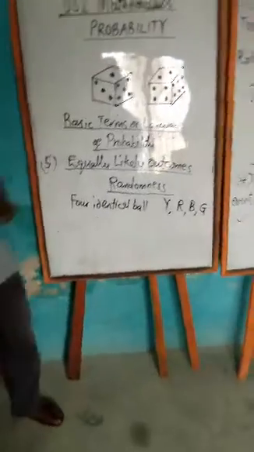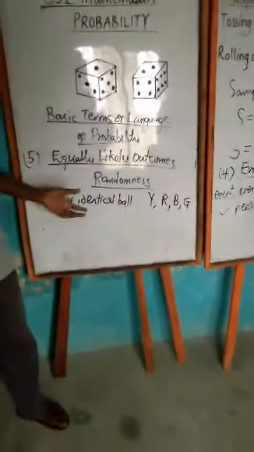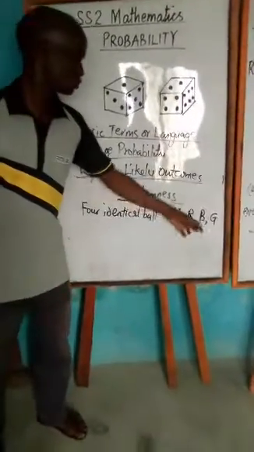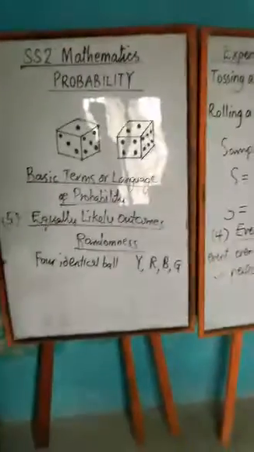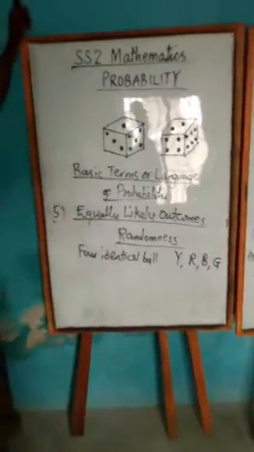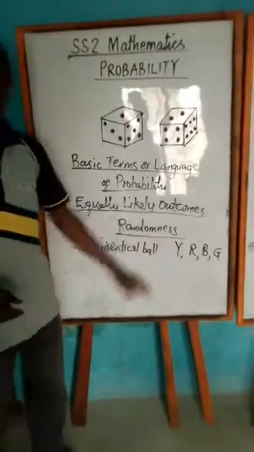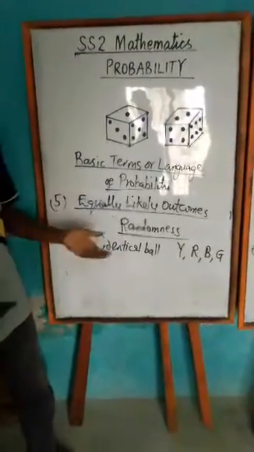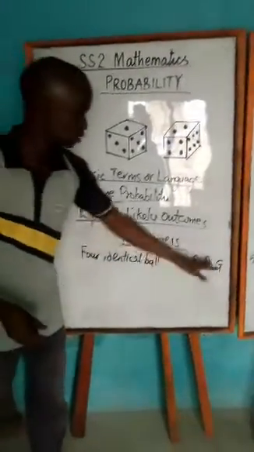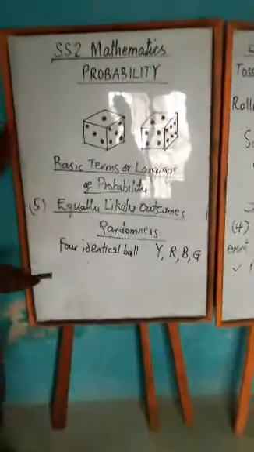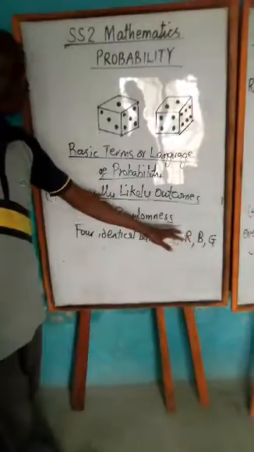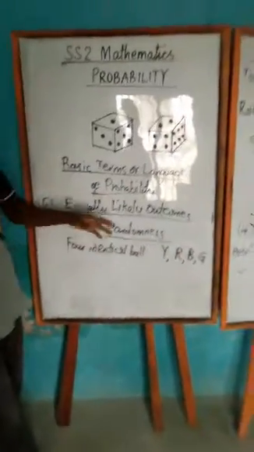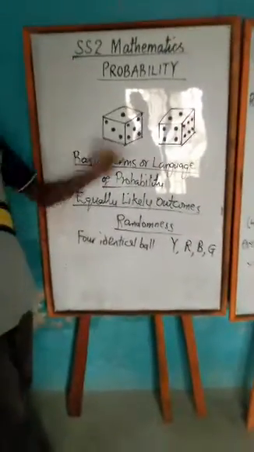All the 4 balls are identical in size, yellow, red, blue, and green balls. They are inside a bag. What does it mean to pick a ball at random? It simply means that each ball is equally likely to be picked.